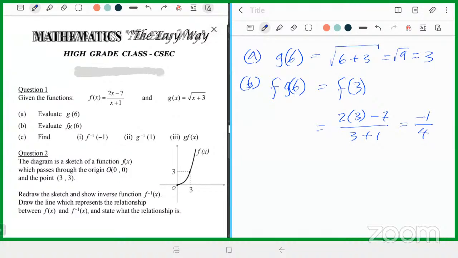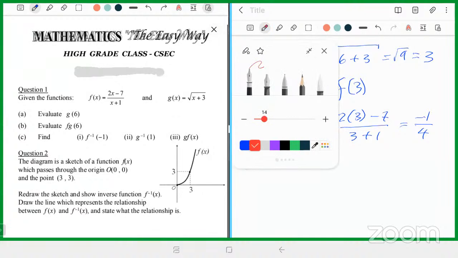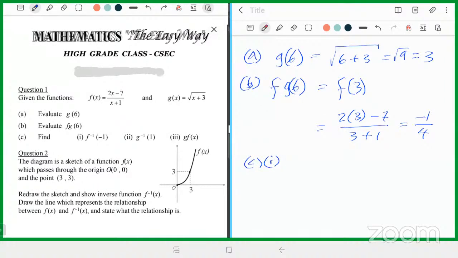The next part wants us to work out f to the minus 1 of negative 1. That's the function f, so we need f to the minus 1 first. For part C1, we're trying to find f to the minus 1 of negative 1.